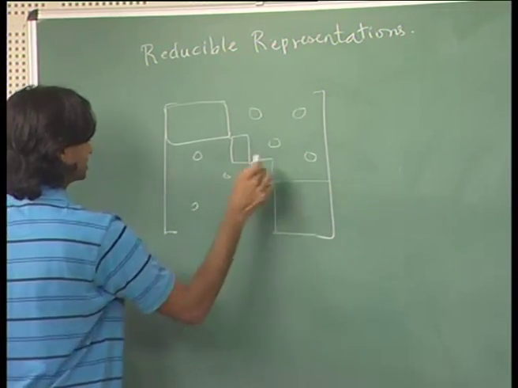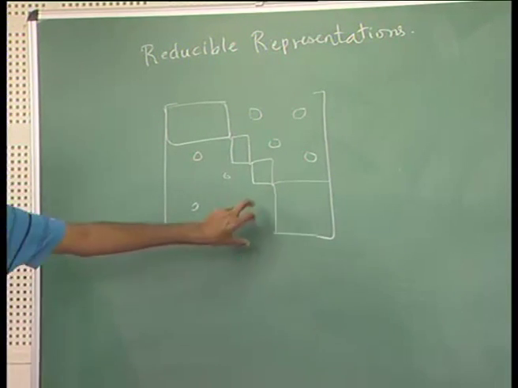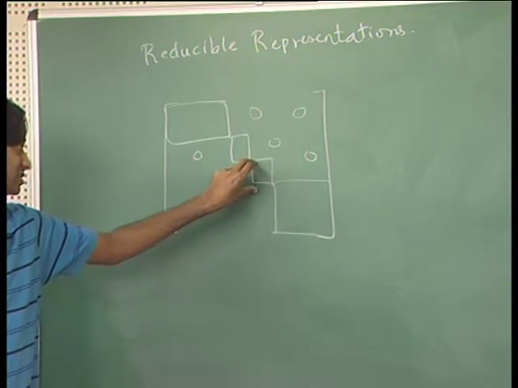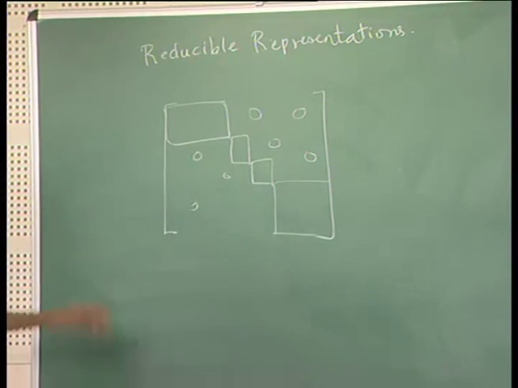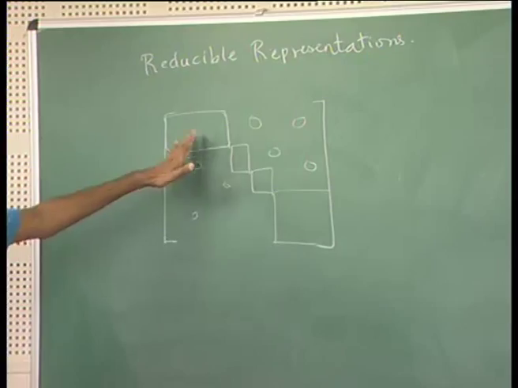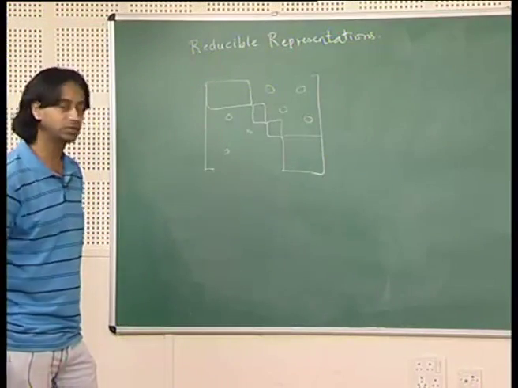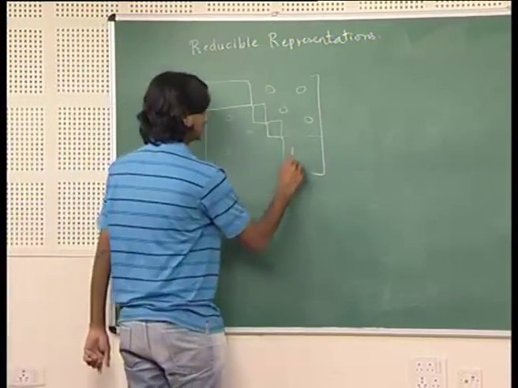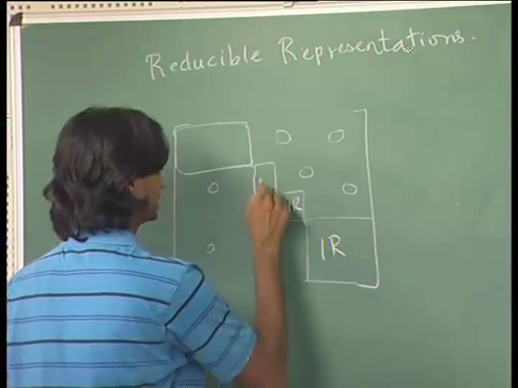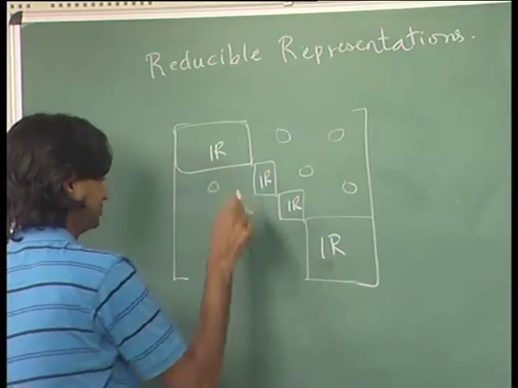So, all these will be zeros, and it will factor into, this might be 3-dimensional, this might be 1-dimensional, and so on. So, any reducible representation can be factored into irreducible representations. All these are irreducible representations.